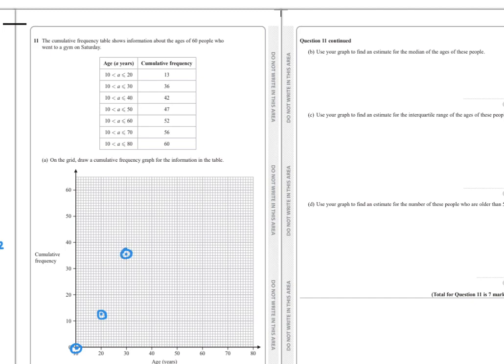Then 40 and 42. 50 and 47. 60 and 52. 70 and 56. 80 and 60.